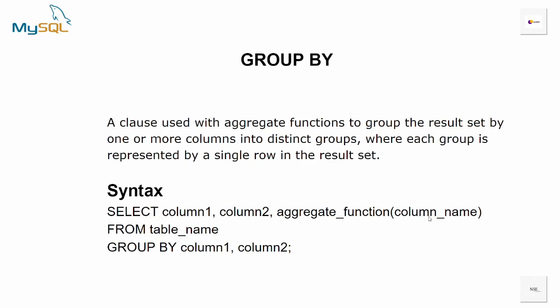And then you provide the column name. Remember, aggregate functions come with parentheses, so within the parentheses you provide the column name, and then from table name, then you have the group by clause, and then you provide the column or columns that you would want to group by. We are going to see examples.